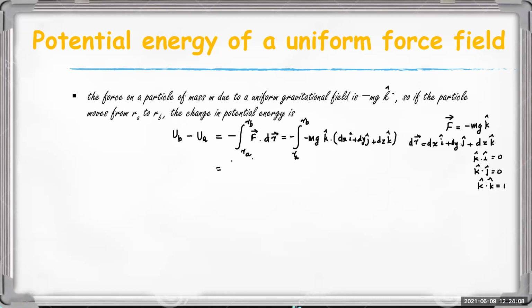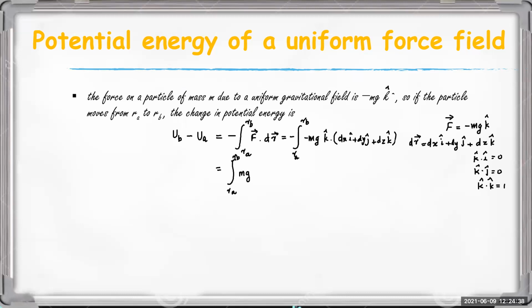Here minus minus cancels out, then the integral from Ra to Rb of mg.